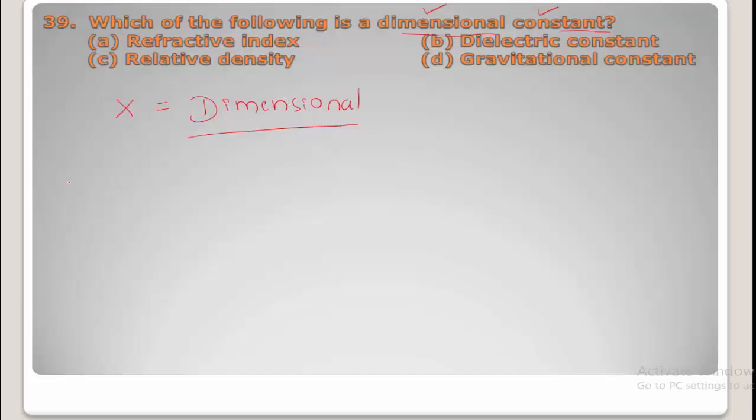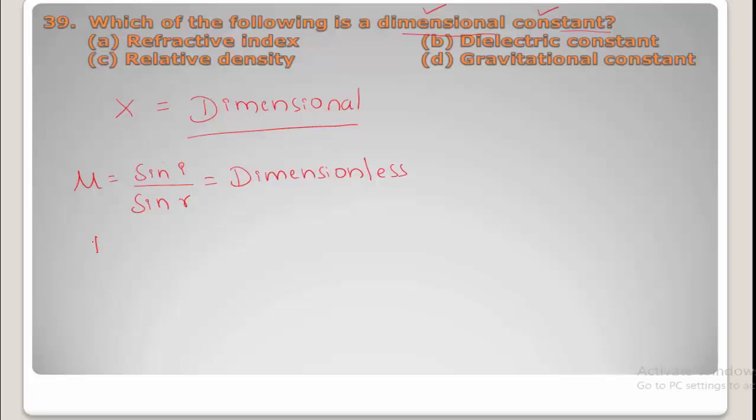So let us see. Here refractive index is nothing but the ratio of sin I by sin R, isn't it? So it is the ratio of similar quantities. So this is dimensionless. This refractive index is dimensionless. It doesn't possess any kind of dimensions.